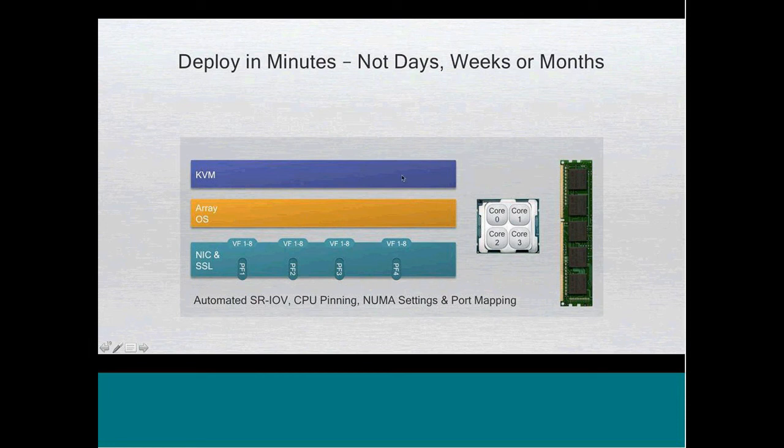That's the secret sauce. On top of that is a KVM hypervisor that's tuned essentially for networking performance. On the bottom, you have the network interface card and SSL cores. On the right side here, we have CPU cores, and to the rightmost, we have a representation of RAM.